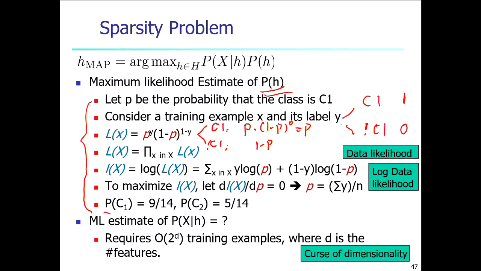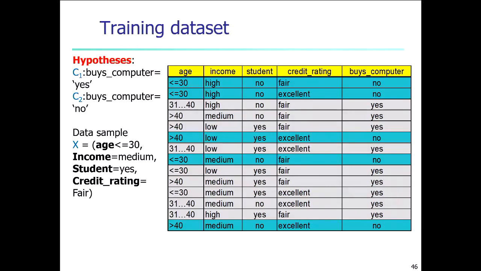That's why you would have probability of C1 is 9/14. It is because in this example, C1 is yes and C2 is no, as the hypothesis listed here.